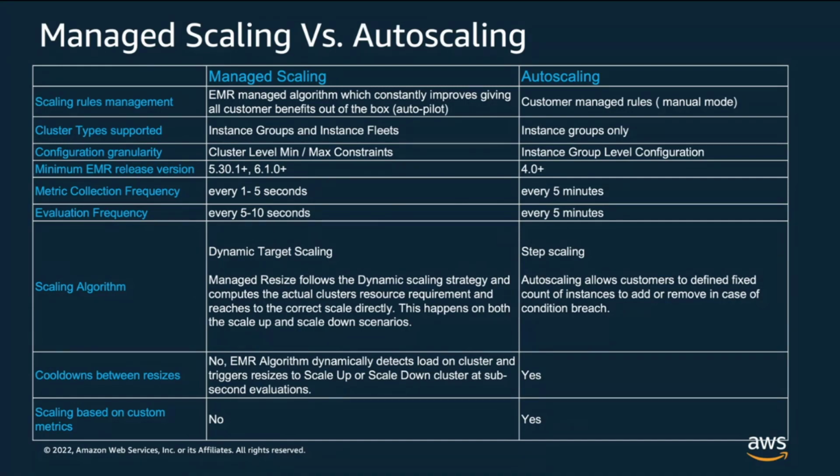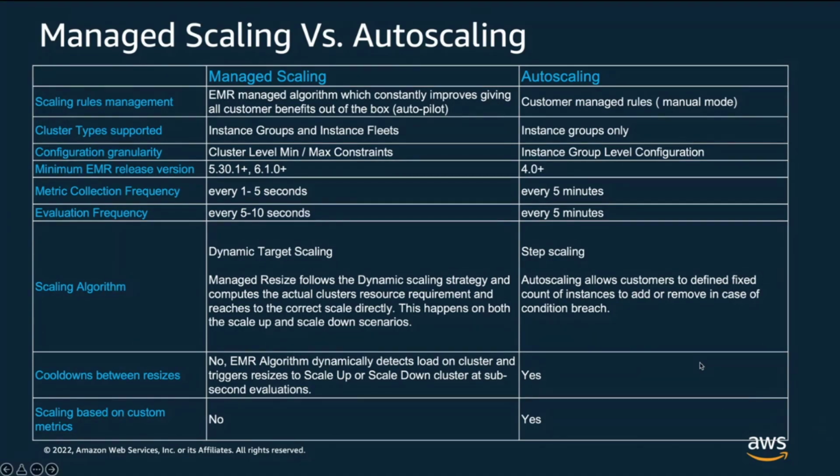In auto scaling, you have to invest more time. It's a manual mode. You need to create the metrics on CPU and memory, and on the basis of that, you can decide how many instances will scale up and how the scale up will happen. But in managed scaling, you just need to mention the min and max you want.